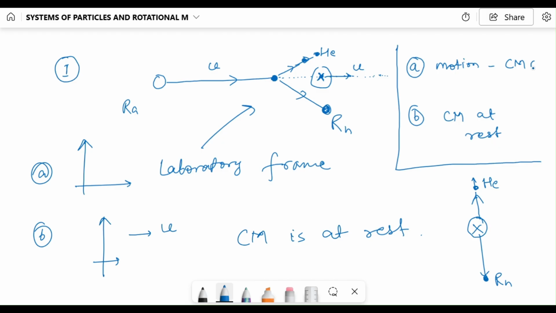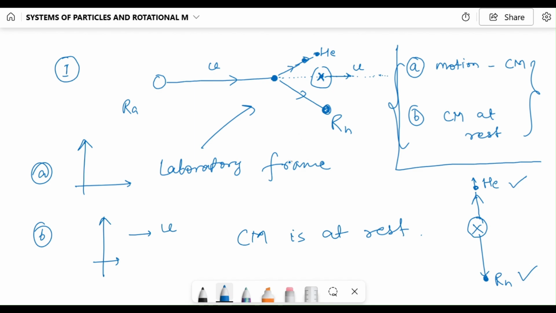So combining these two things, you can say what is the position of this particle or of this particle after a certain time t. So this is the approach where we can solve this kind of complicated things.